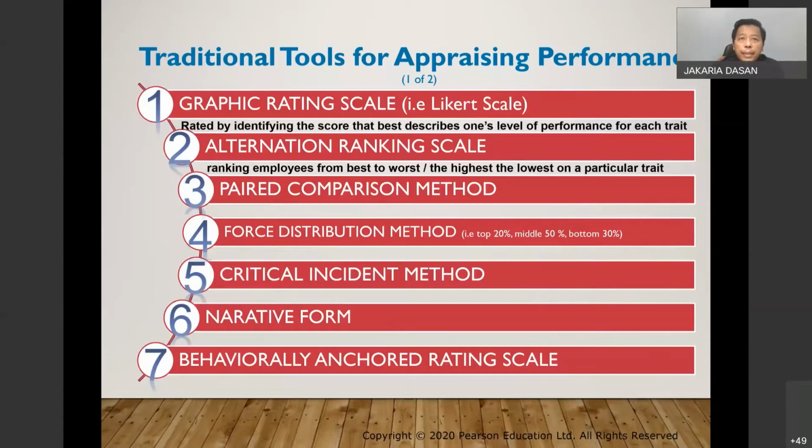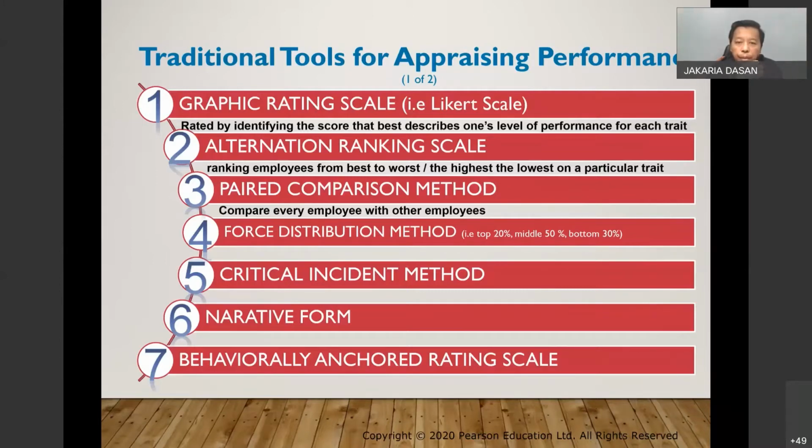Third, the comparison method, in which you group 2 or 3 or 4 or 5 employees together, and then from that 5, you choose who is the best one. So at the end of the day, you have one as the best, and then from the remaining 4 employees, you choose who is the best among them, and then you already have 2 good employees. Then you check again from the remaining 3 who is actually the best, and this is the third one.